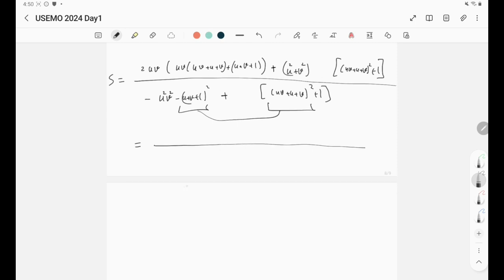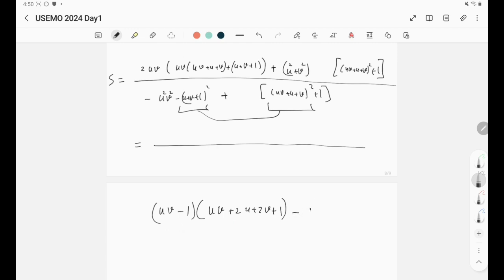If you do that, you pair this with this, their difference is going to be uv minus 1. Their sum is going to be uv plus 2 times 2u plus 2v plus 1. And then you have plus 1 minus uv. Oh, that's nice. Plus 1 minus uv squared is going to take uv minus 1 as a common factor.